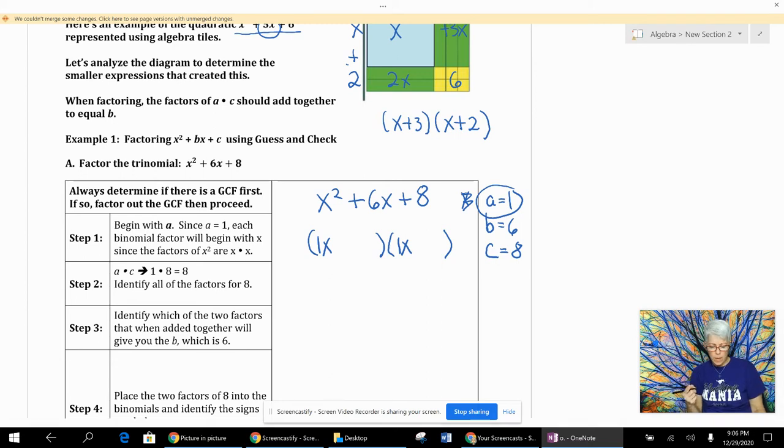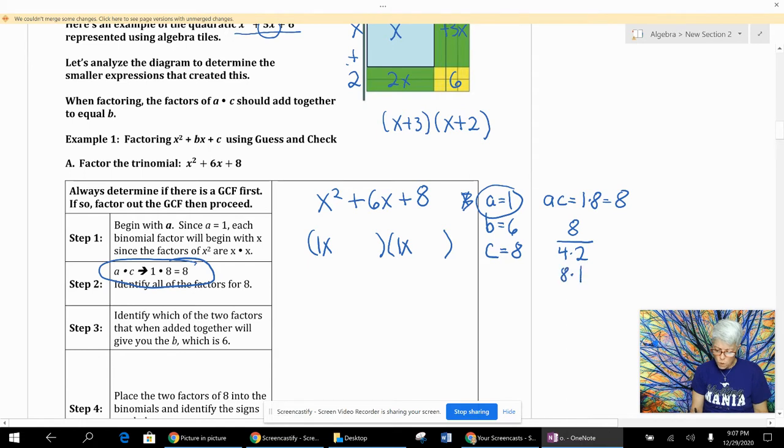Then I want to think, if I multiply a times c, which is the 1 times the 8, I will get 8. What are the factors of 8? We've got 4 times 2 is 8, and 8 times 1 is 8, and that's all I can think of.